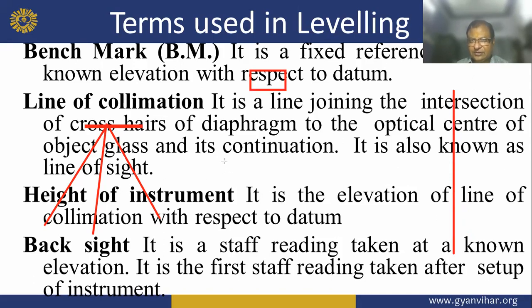So when the first level is taken, that is the BM level, called backside, and when it is added to the benchmark level, it will be called height of instrument. Clear?